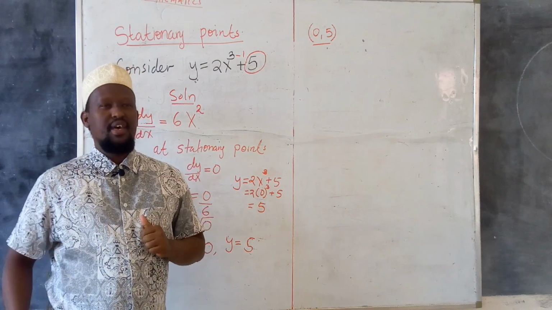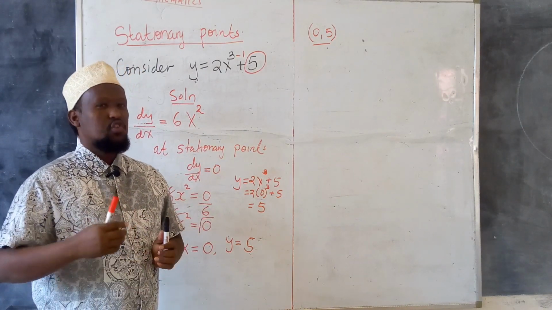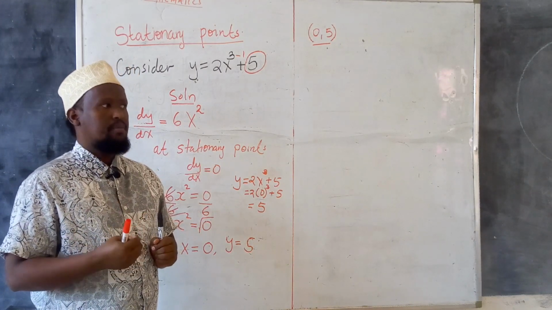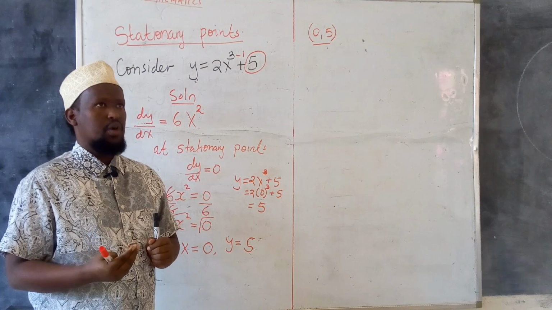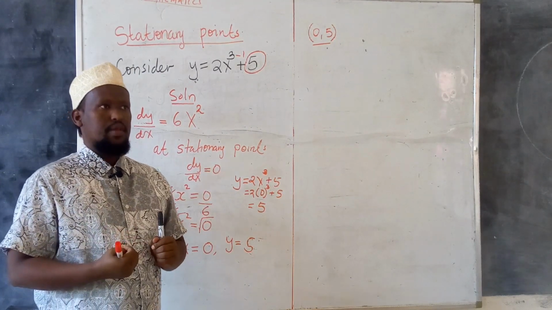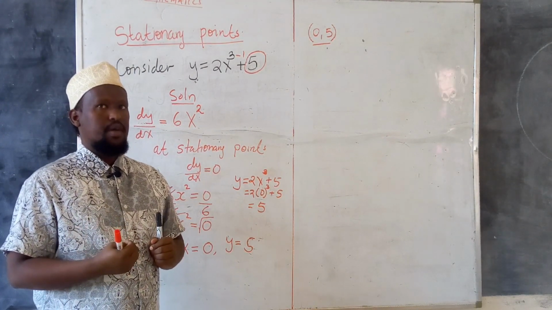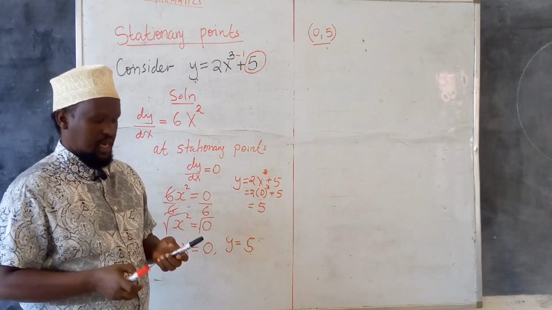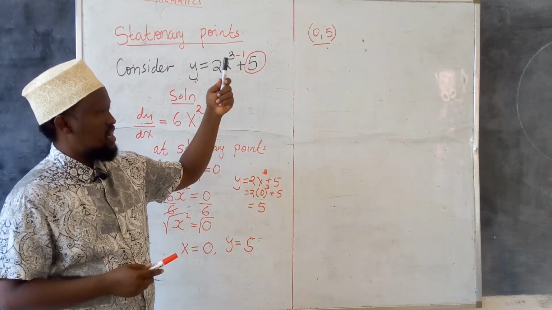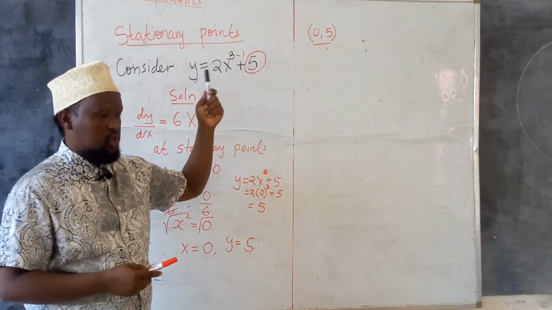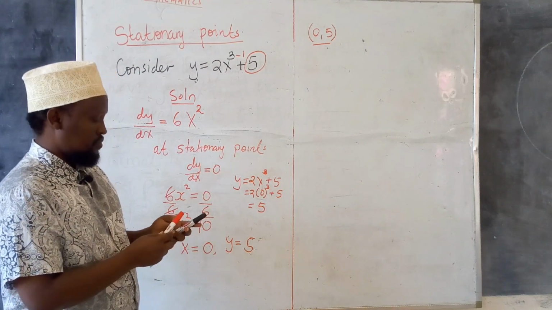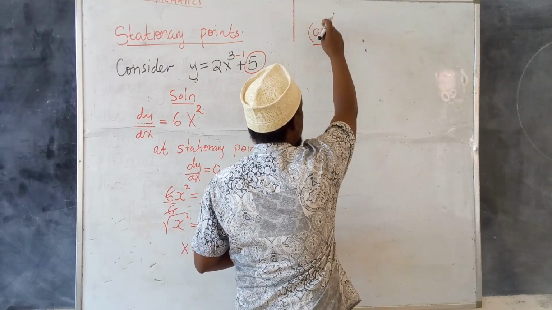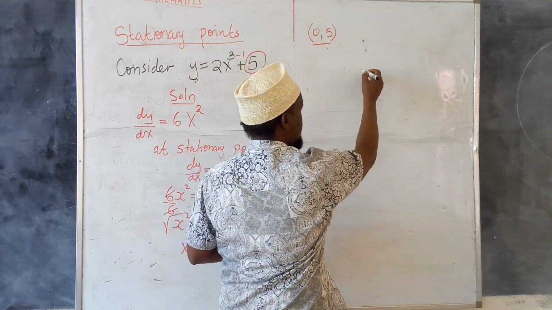Now, once you find the stationary point, you also have to find the nature of the stationary point. What do we mean by the nature? We mean whether the point is a maximum, a minimum, or a point of inflection. So let us see which one this point is. Here the value of x for this point is 0, so we'll start with 0.